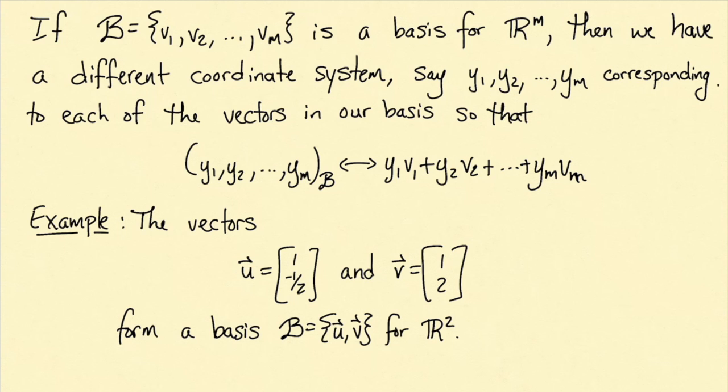Since it's hard to bold in this writing style, I'm going to throw in a couple of little arrows over the u and the v to make sure that we do not cause any confusion. So we identify the coordinates as u and v because u tells us how far to travel along the vector u, and the coordinate v tells us how long to travel along the vector v.